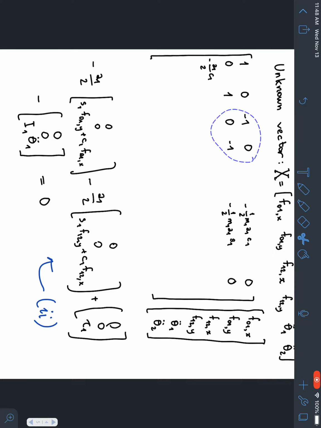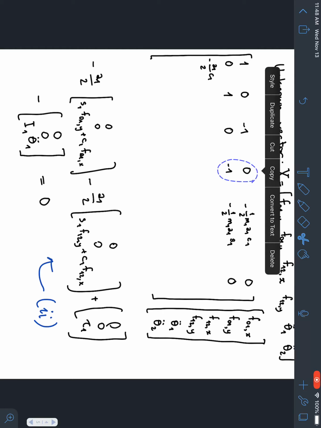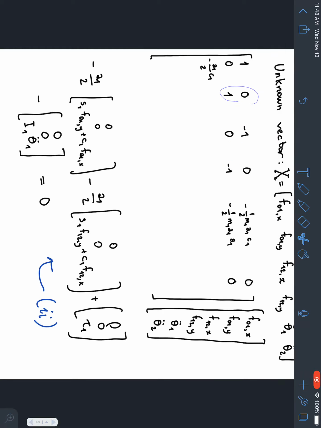Okay. The coefficient of f01x is minus a1 over 2 times cosine of theta 1. So that's where we left off.